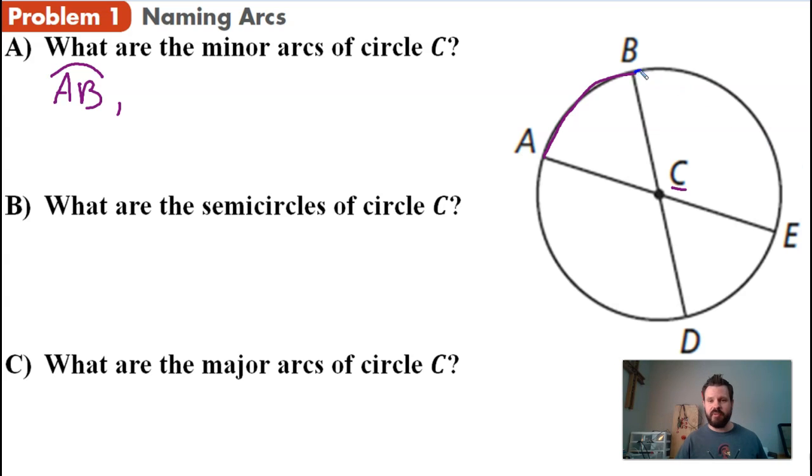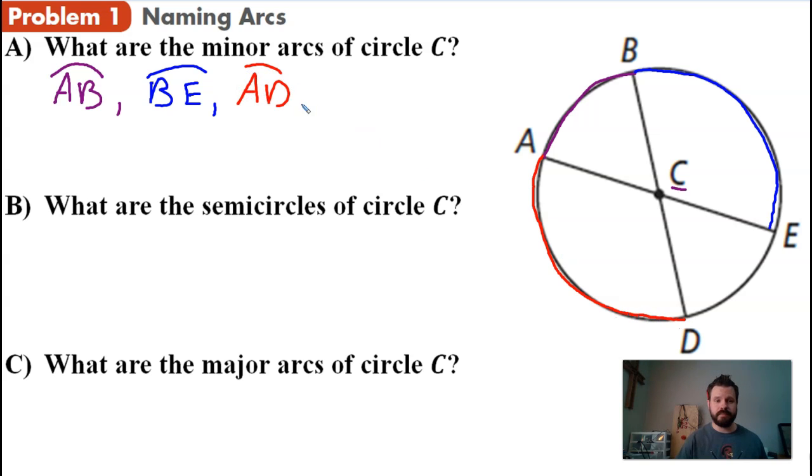Well, I could say that from B to E is less than a semicircle, so that is another minor arc. What else? We could say that AD is another arc less than half the circle. And then our last one would be DE here. Basically, when you add all the minor arcs together, you get the entire circle.